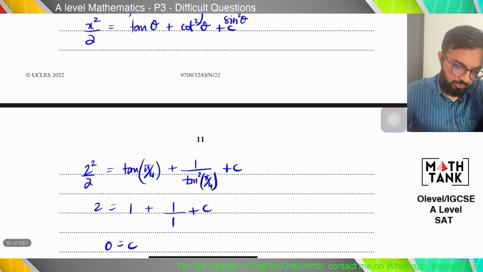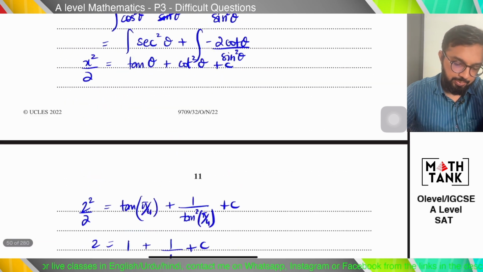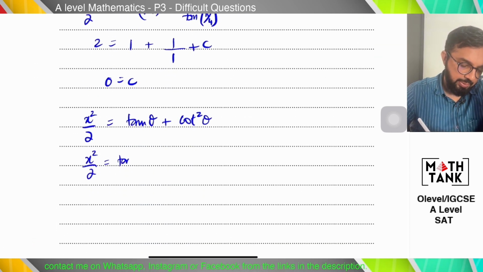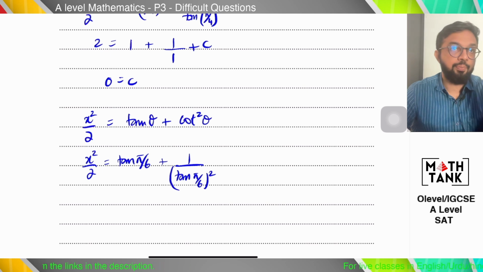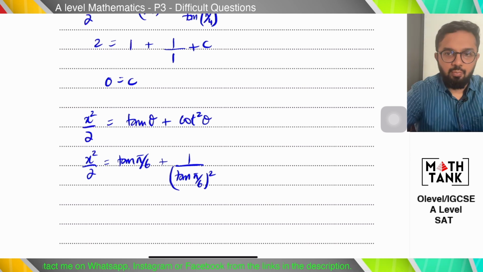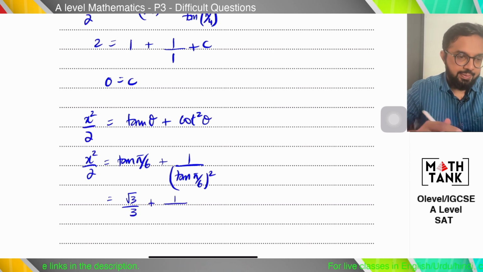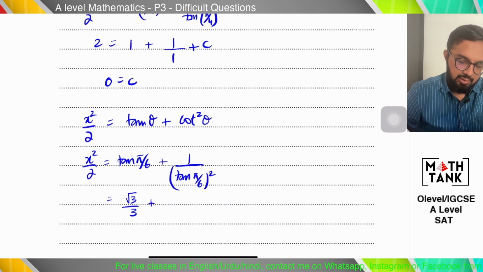Okay, and what do I want to find? I want to find the value of x when theta equals pi over 6. Tan pi over 6 plus 1 over tan pi over 6 squared. Okay, tan pi over 6 is root 3 over 3 plus 1 divided by answer squared is 3.